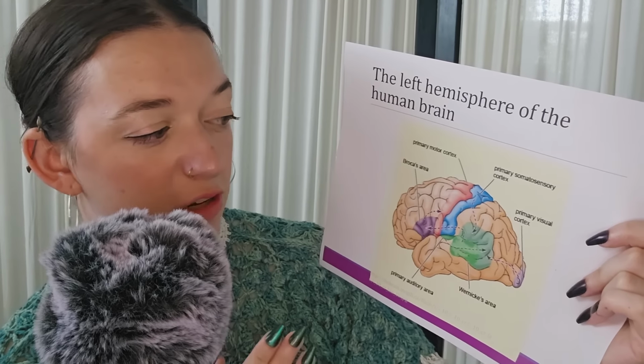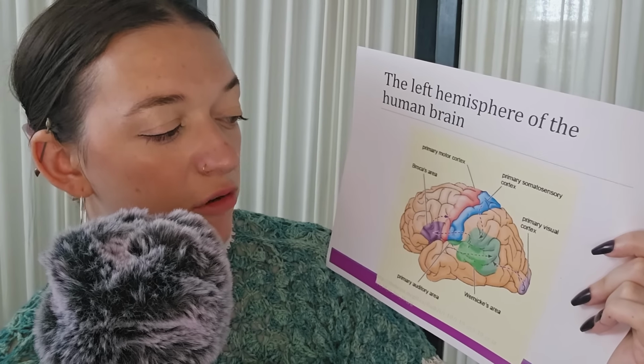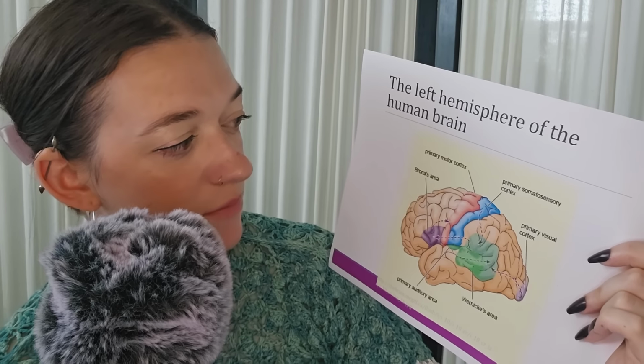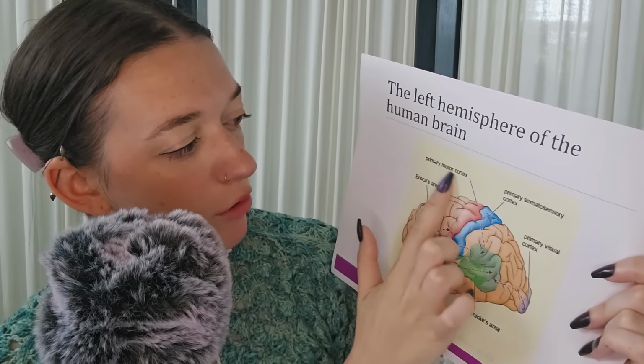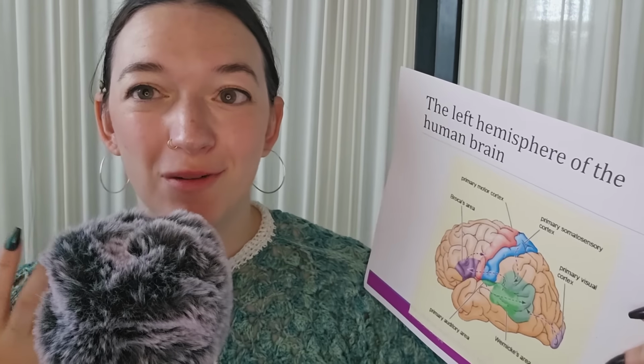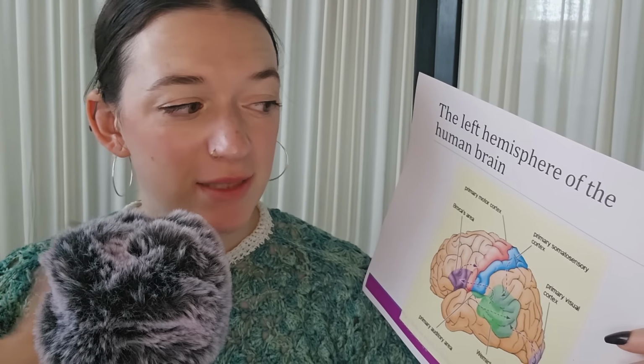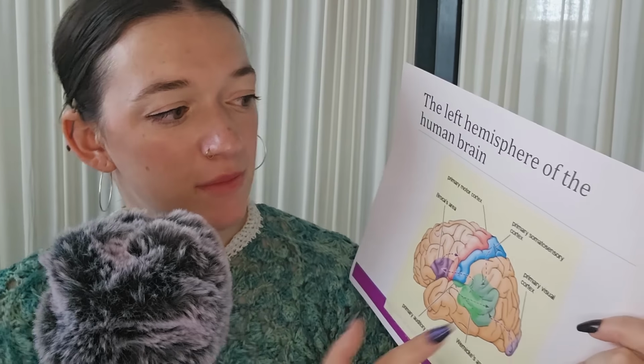The left hemisphere of the brain contains several really important parts of the brain for language processing, including the primary motor cortex, which allows us to perform the motor functions necessary to speak or sign, the primary somatosensory cortex, the primary visual cortex, the primary auditory area, as well as Wernicke's area and Broca's area, which we'll talk about in more detail in just a minute.